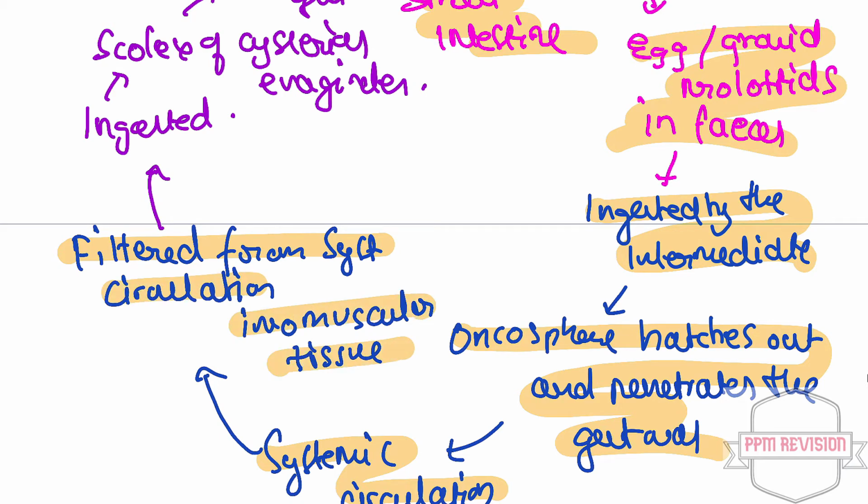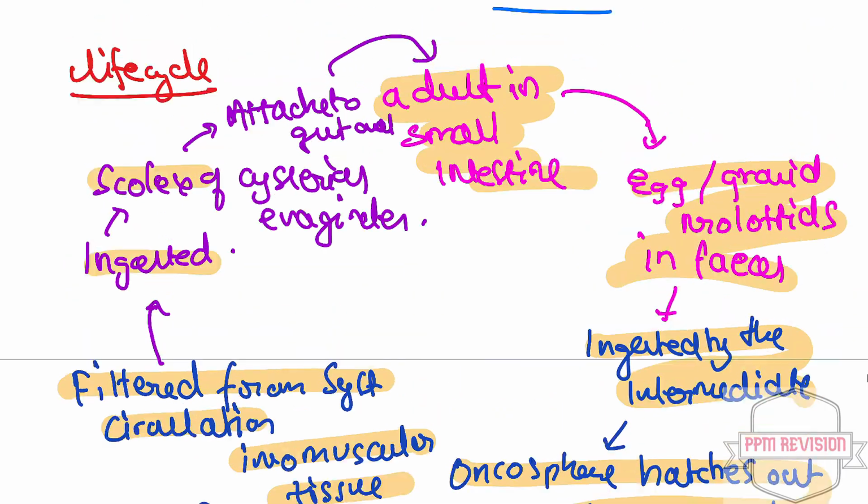Then it is ingested, and the scolex of Cysticercus evaginates and attaches to the gut wall, and again it becomes the adult in the human intestine.